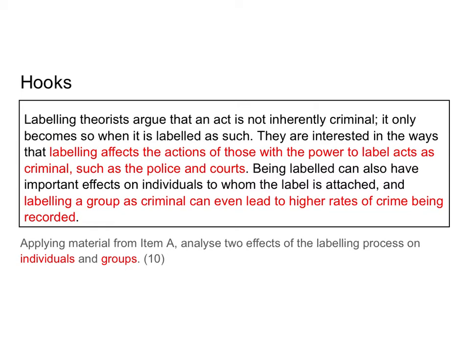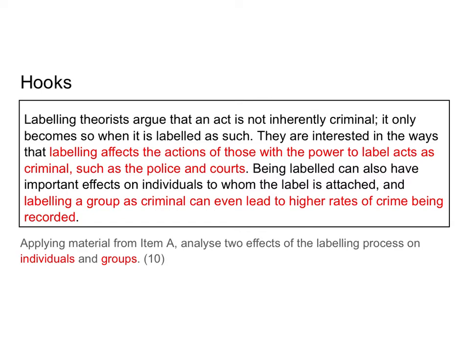And you need to remember the studies that you could write about. You need to talk about examples to demonstrate how that process actually happens, and of course use a range of concepts and clearly show you understand the concepts as well, all the while linking back to the question about labelling and how it affects individuals and groups.